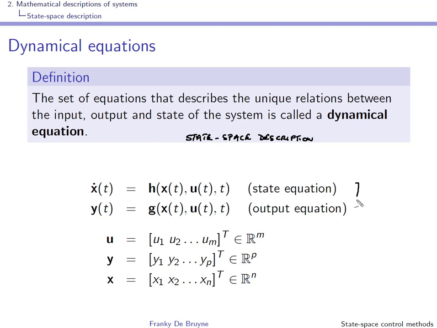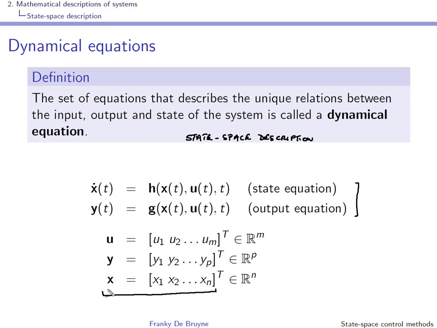The state space description that you see over here is the state space description in its most general form for nonlinear systems and even time varying systems. So remember that u is the input vector, it's in R^m, y is the output vector, it's in R^p, and x is the state vector.